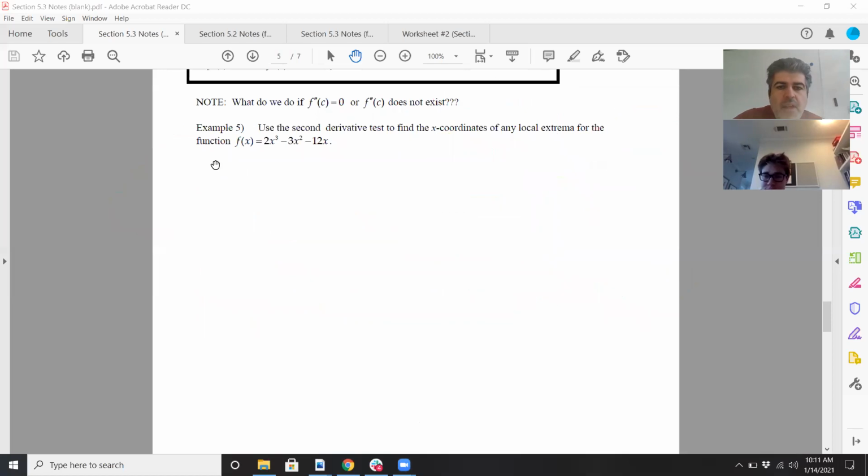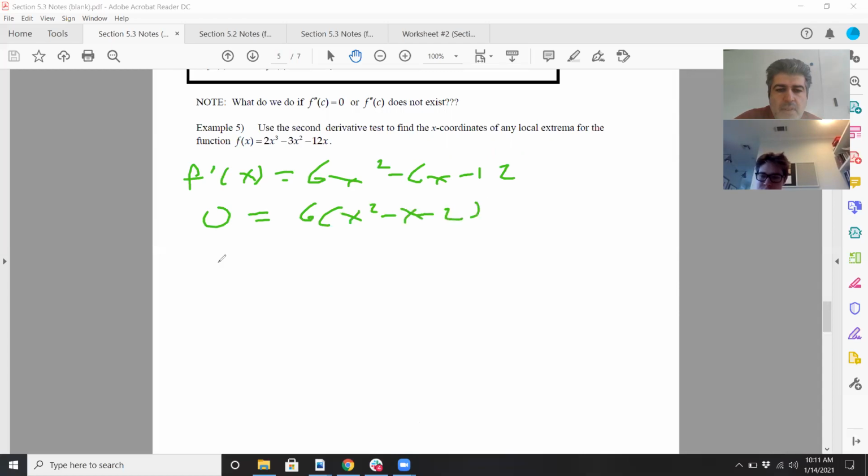Okay, so let's do the second derivative test. You take your first derivative, 6x squared minus 6x minus 12. We just did this one actually. Set it equal to 0, factor out the 6, and solve.